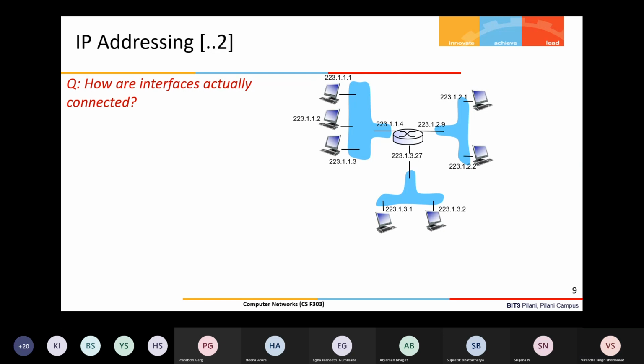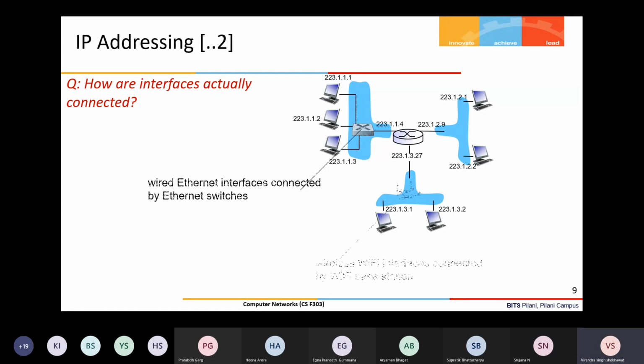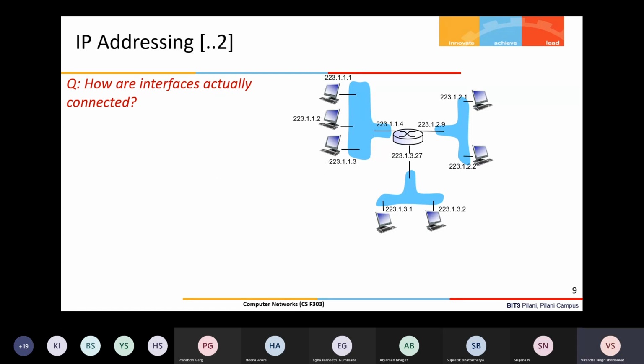Now, how are these connected? Here you can see that the connection is missing, so they can be connected using, let us say, an Ethernet layer 2 switch. Right now we are not aware of that, so we'll do it in the next chapter, when I cover layer 2 networks and layer 2 protocols. So through the switch we can connect all three machines, or it can be a wireless access point.